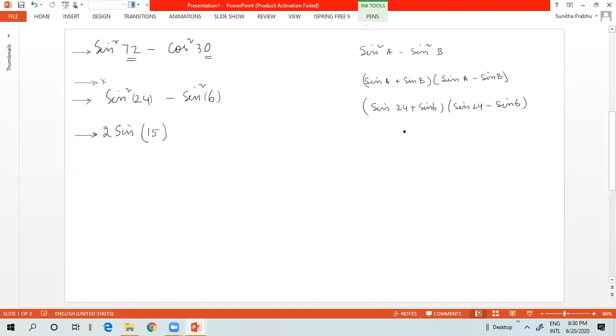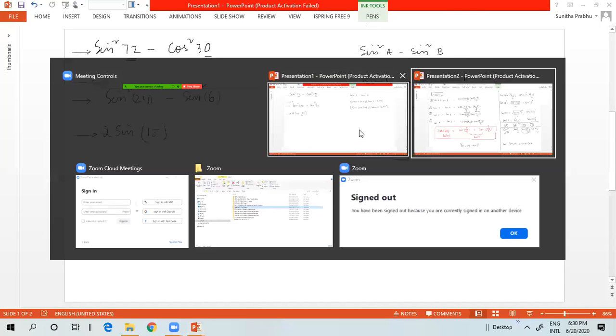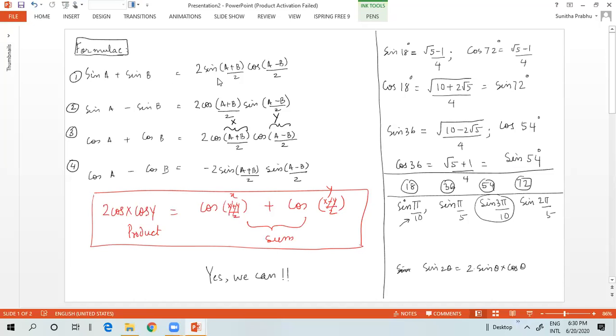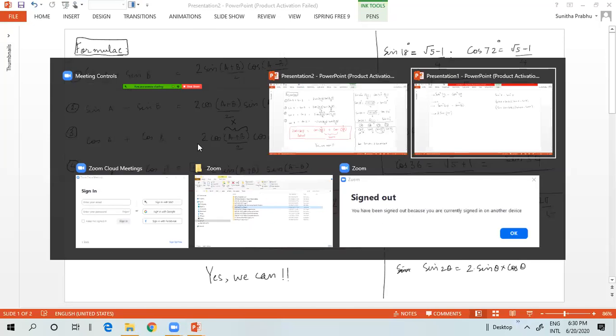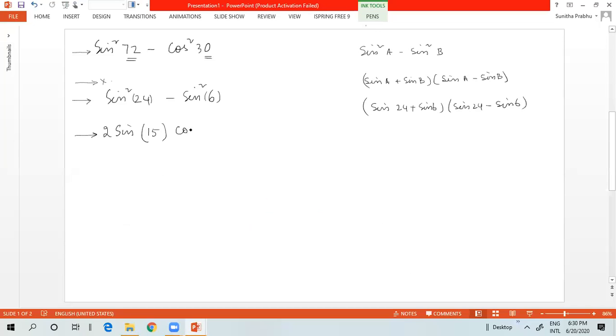Sine 15 and sine plus sine is what? 2 sine cos. Cos 9. Yes, sir. Okay, what about this one? Sine minus sine is 2 cos 15 sine 9. That means this is 2, but 9 is 18, no?